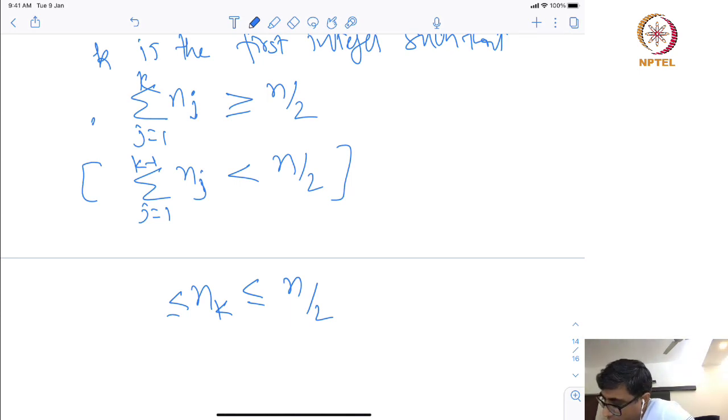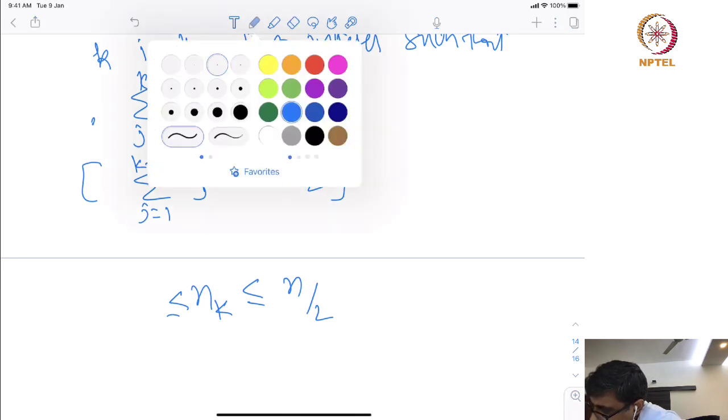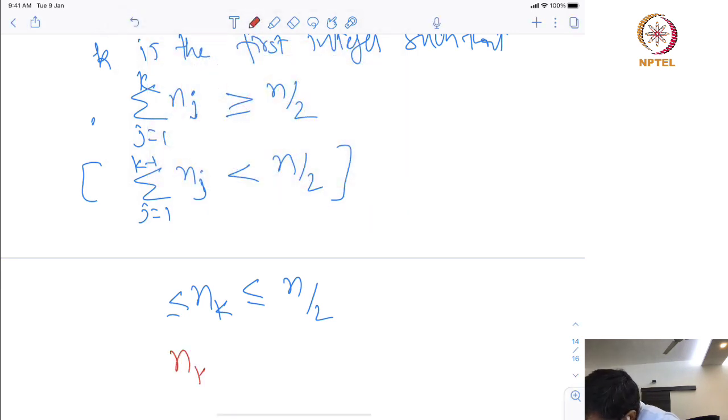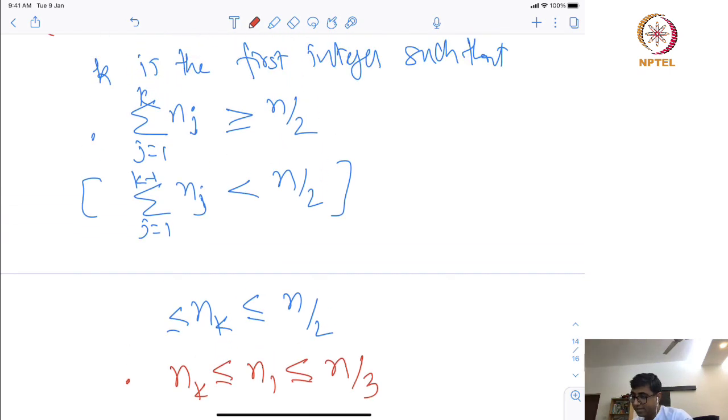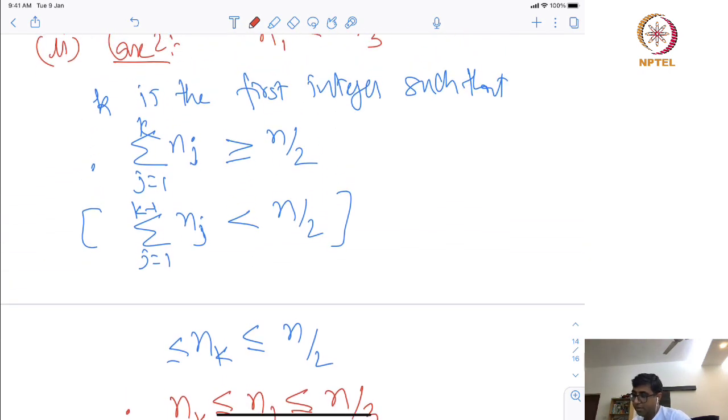So, rather than using this, we will use the fact that nk is less than n1, which is less than n over 3.